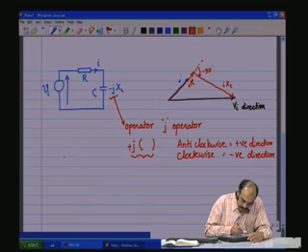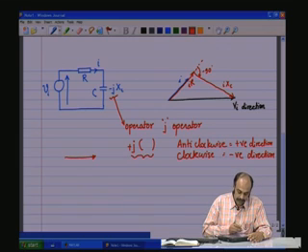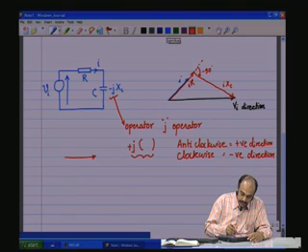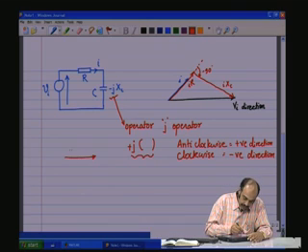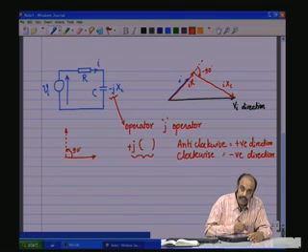So, if a vector is in this form, let us say now you apply plus j, that is it is multiplied by a factor plus j, then the vector will be rotated anti-clockwise, or in the positive direction, by 90 degrees to get this vector.